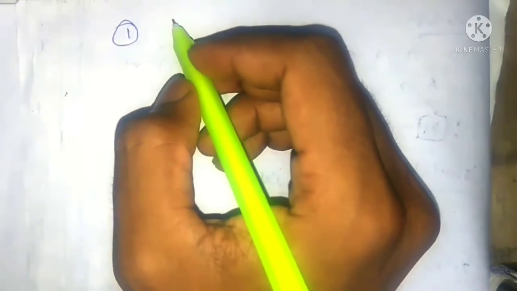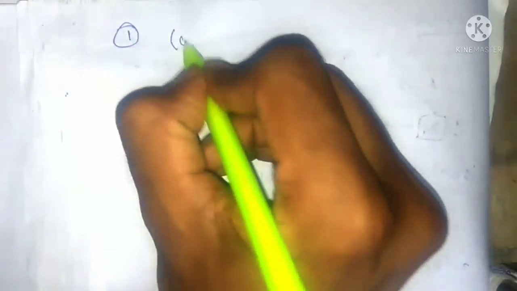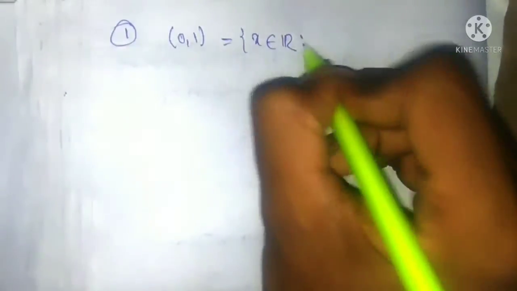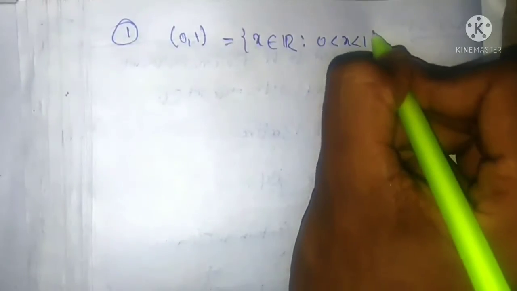Now I give examples of sets which are not enumerable. The first example is the open interval (0, 1), that equals x belonging to the real numbers such that 0 is less than x less than 1.